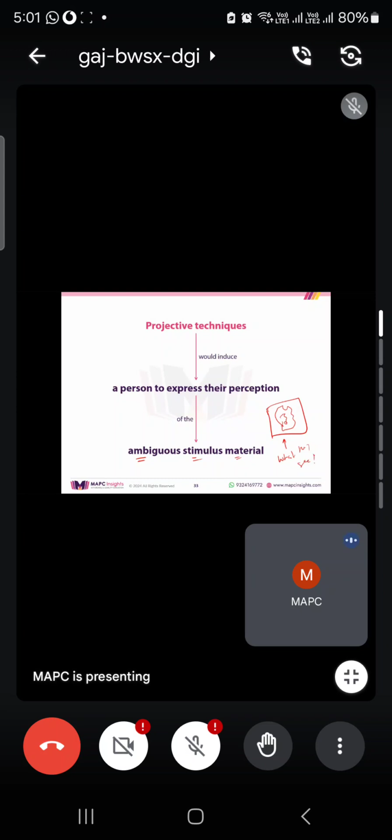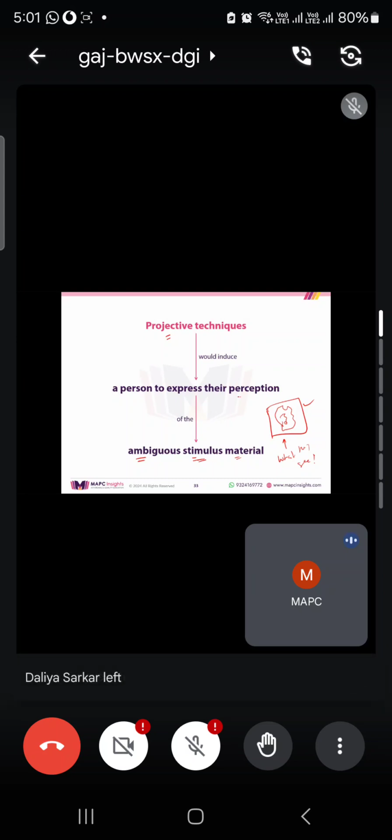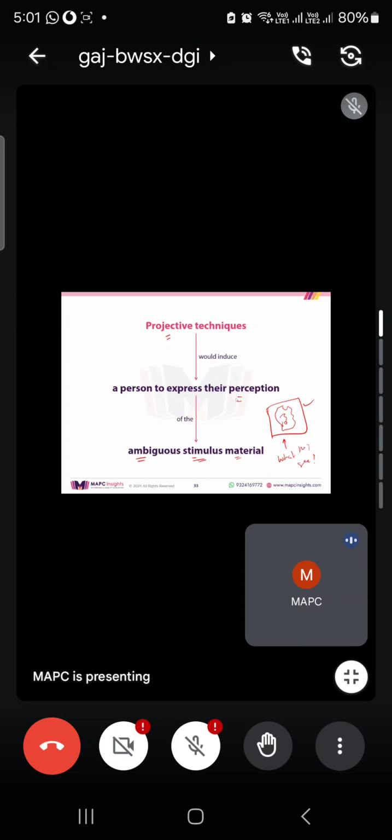The Rorschach test and the inkblot test are projective techniques, and with the help of this ambiguous stimulus material, we try to understand the psychology of the person.